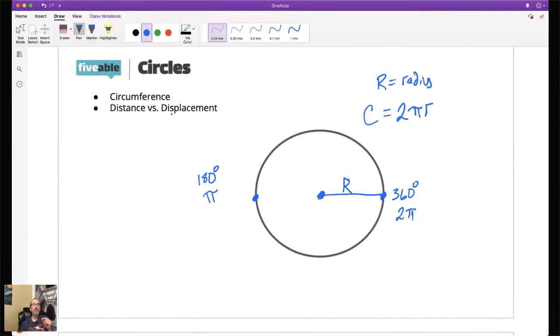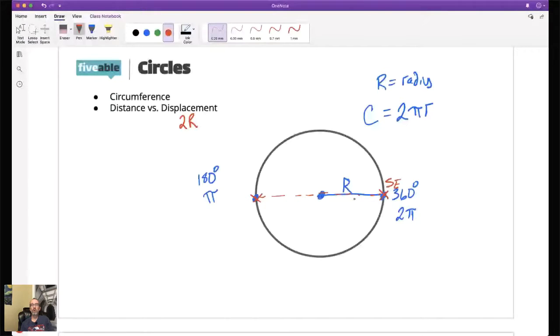Now, the displacement is different. The displacement would be, if I started right here and went to this side, displacement would be 2r. So if I start here and I travel in a straight line and I come over here, that is 2 times the radius. If I start here, go all the way over and come back, and that's my end, then what would that displacement be?